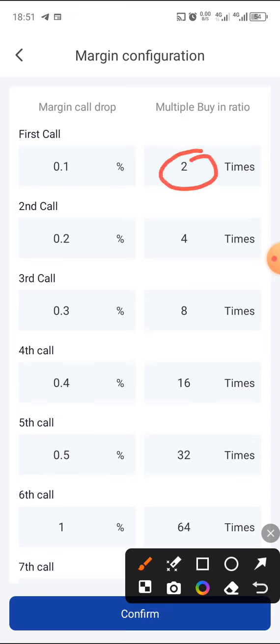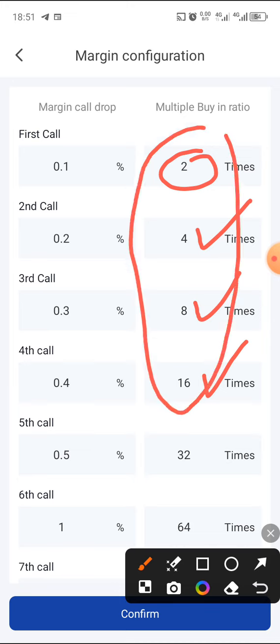The second margin call, we shall leave it as 4. The third margin call as 8. And the fourth margin call, 16. Now, for a person of $300 and below, you'll stop doubling up in these first 4 margin calls.